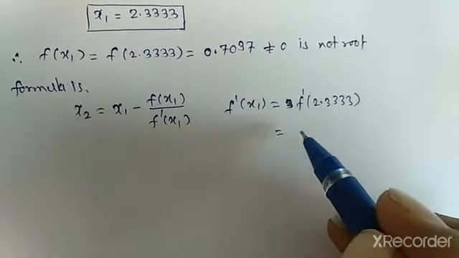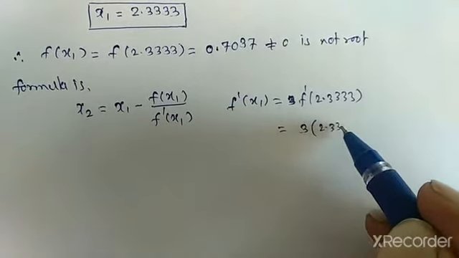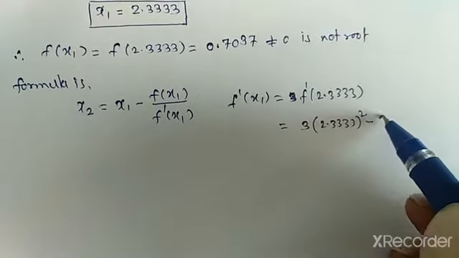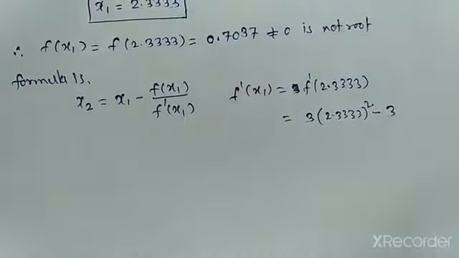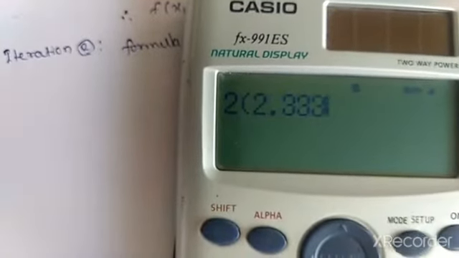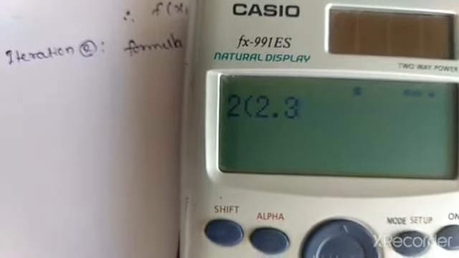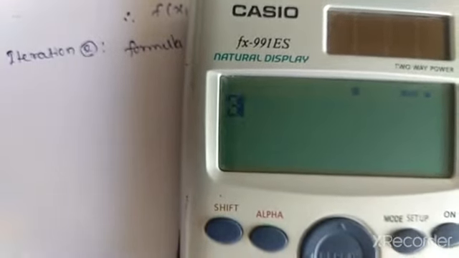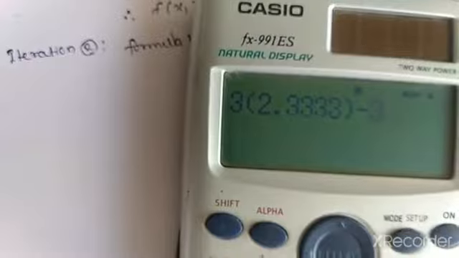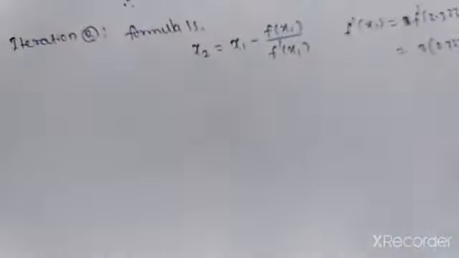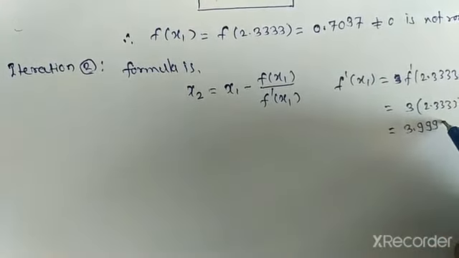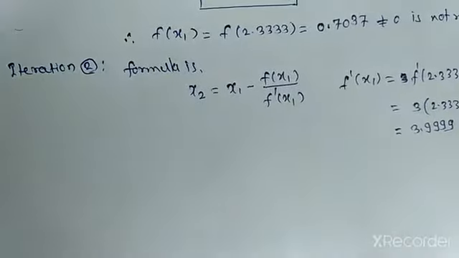Which is 3 into x square minus 3, so 3 into 2.3333 square minus 3, which is equal to 3.9999. Okay.